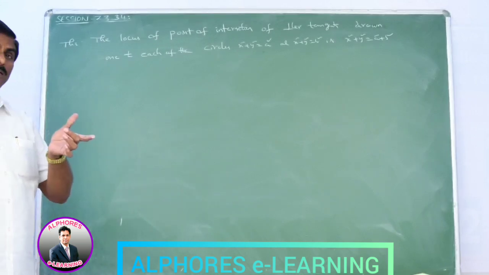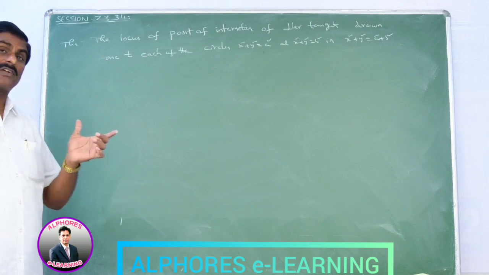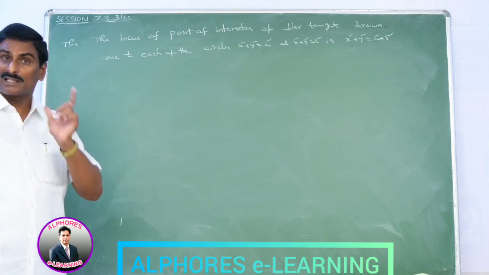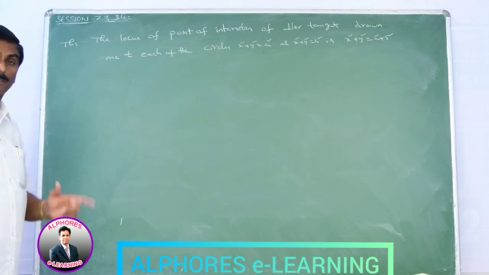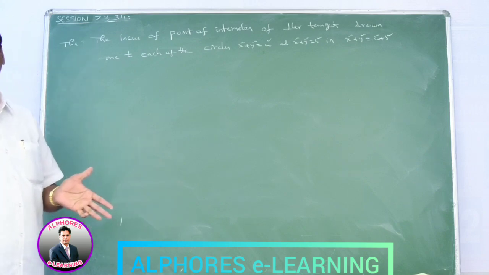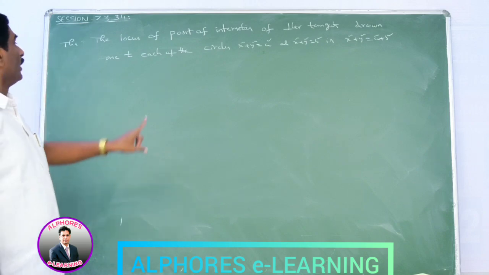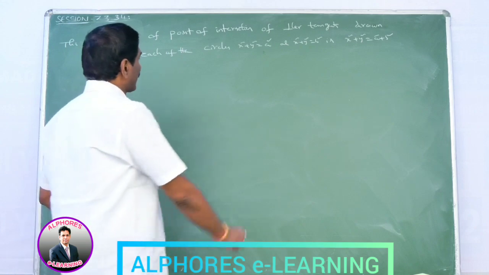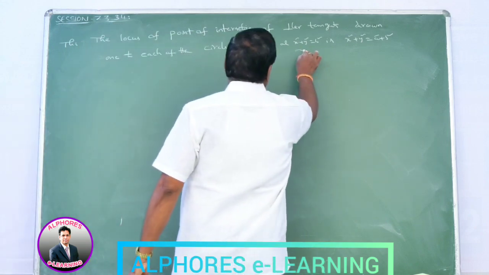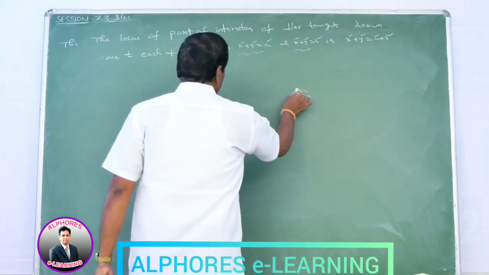In the previous case, we found the equation of the director circle. The director circle is nothing but the locus of the point of intersection of perpendicular tangents to the given circle. One circle is given there, but here two circles are given. One circle is x square plus y square is equal to a square, and the other circle is x square plus y square is equal to b square.